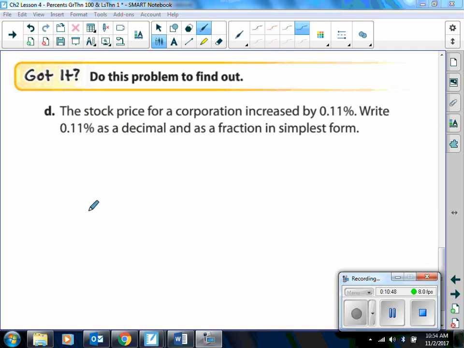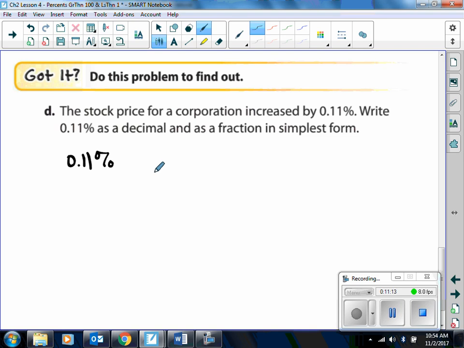So for letter D, it says the stock price for a corporation increased by 0.11%. We want to write 0.11% as a decimal and as a fraction in simplest form. So we're going to start with the percent, 0.11%.